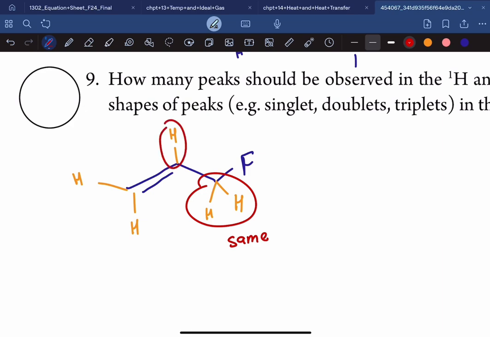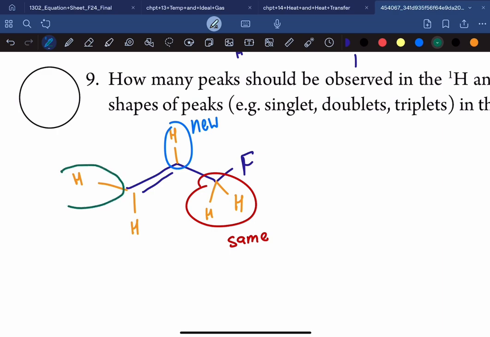This one, since it's on a double bond, let's go to a new color, this will be new. And last but not least, this would be new because it's on a double bond, and this would also be new because it's on a double bond. Since these are all on double bonds, they can't rotate freely, so they're stuck in their environment.